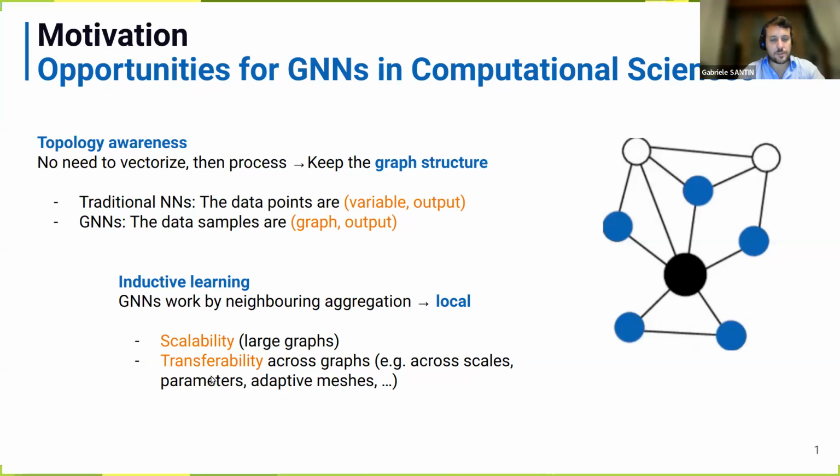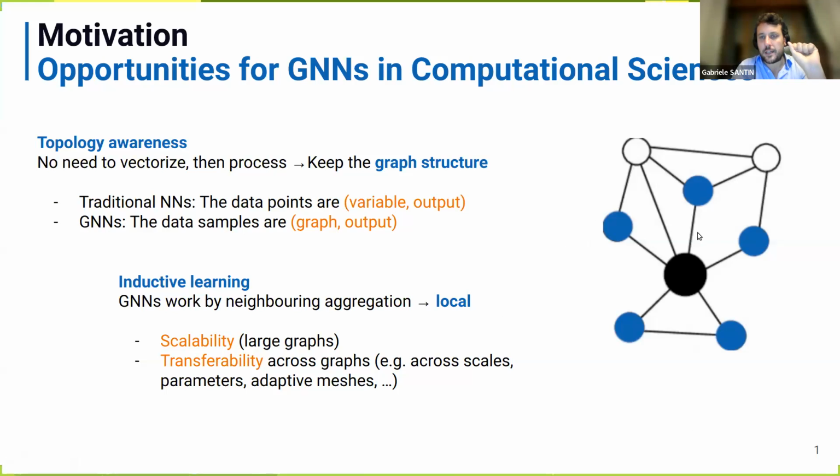And the second one, which is very powerful, and this is starting to be used also for multi-scale modeling, is the transferability across graphs. Traditional graph processing techniques are defined on a single graph. Instead here, there is a possibility of performing what is called inductive learning. What does this mean? We really learn an operation that can be performed on any neighborhood.